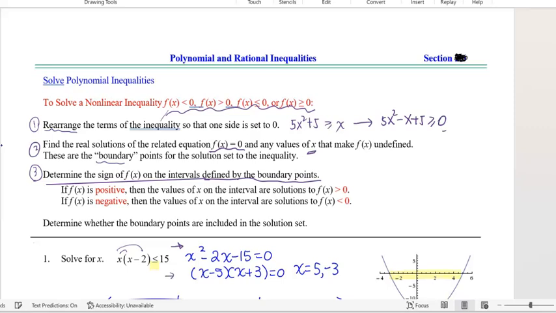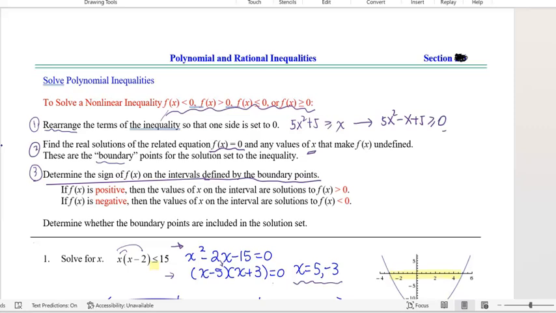Next, we set this equal to 0 to solve for the boundary points. I factor that, which gives me x equal 5 and x equal -3. That's my boundary points. Then we know we need to test whether the intervals are positive or negative.